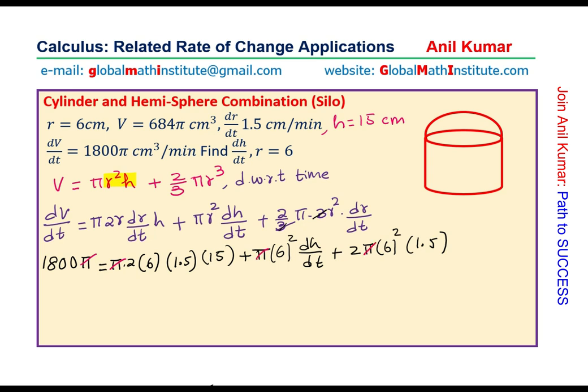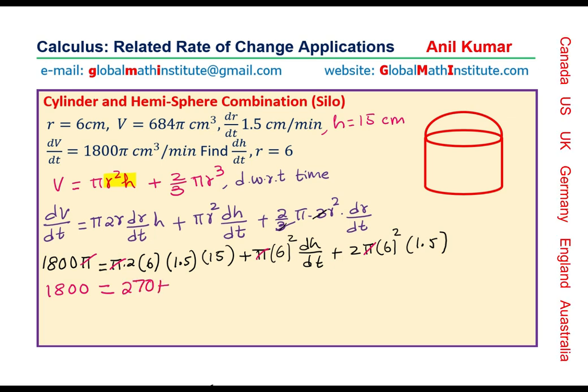Great. So dh/dt is the term here. We'll write down all the numbers. 1800 equals, let's multiply. So we have 2 times 6 times 1.5 times 15, 270, plus 36 dh/dt.